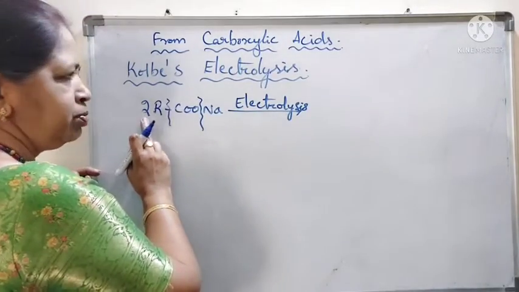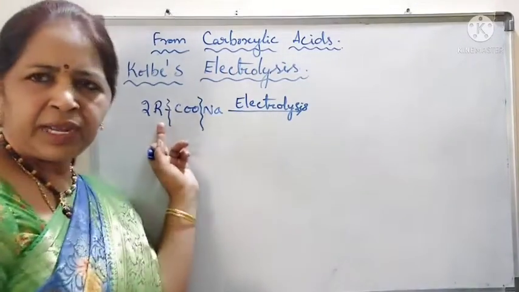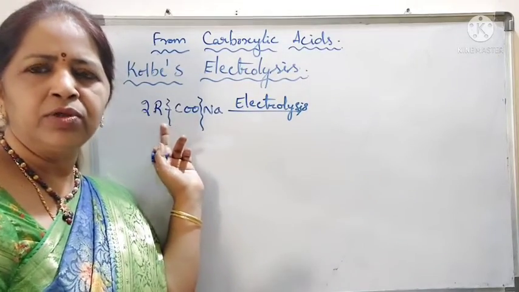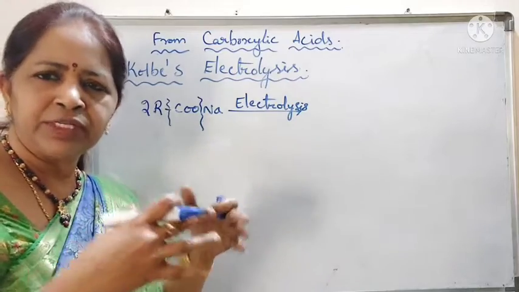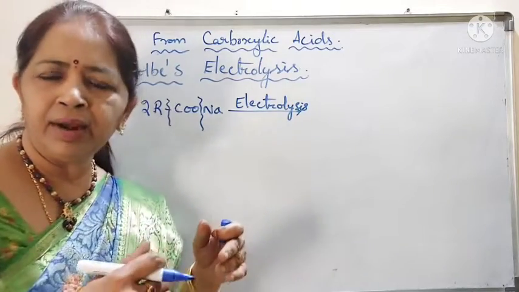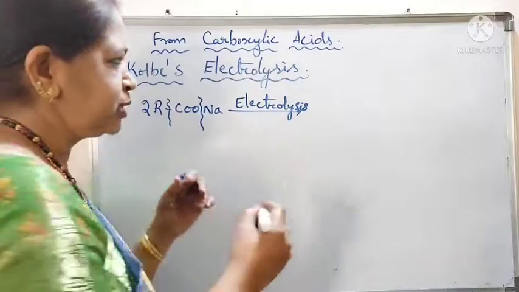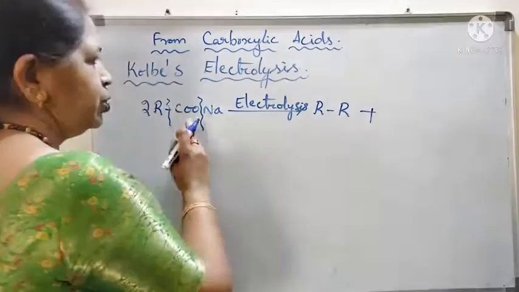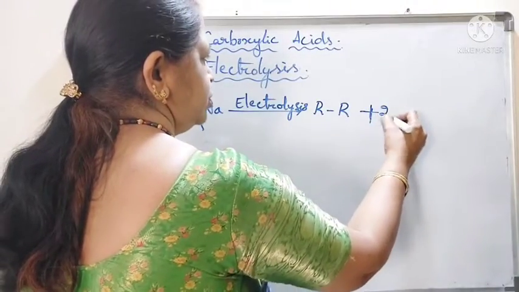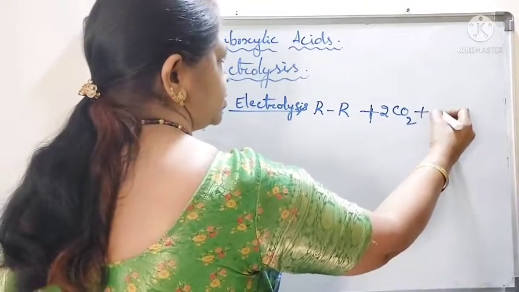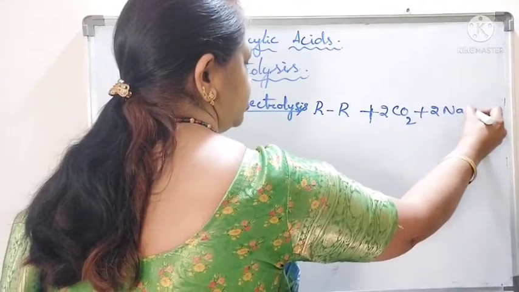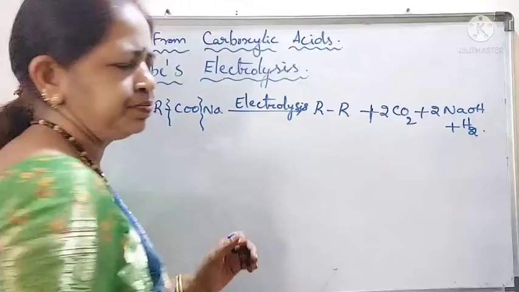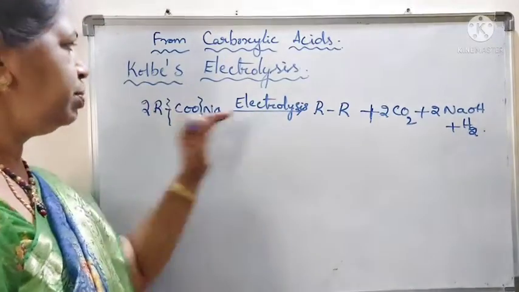So 2 R groups, alkyl free radicals, are obtained in this reaction, and those 2 alkyl groups will join together to form an alkane with even number of carbon atoms. So R-R, 2 CO2 plus 2 NaOH plus H2. This is the basic reaction.